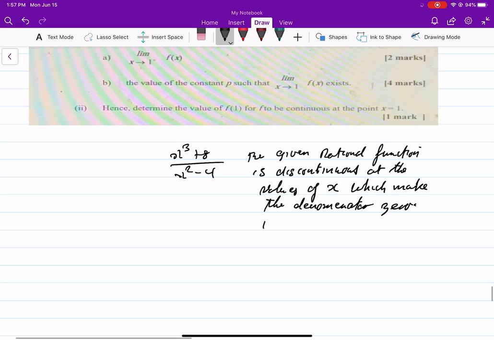That is, it is discontinuous at the vertical asymptotes.